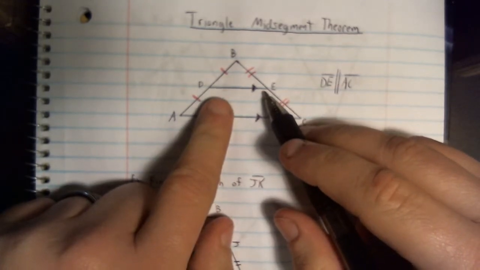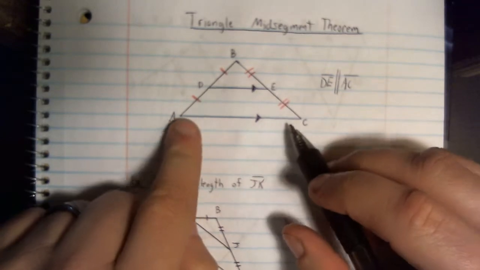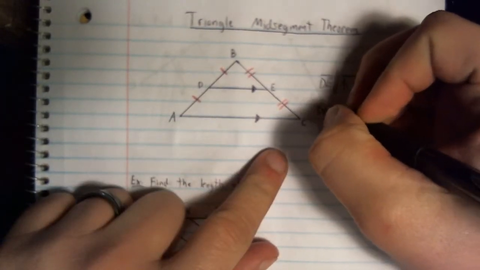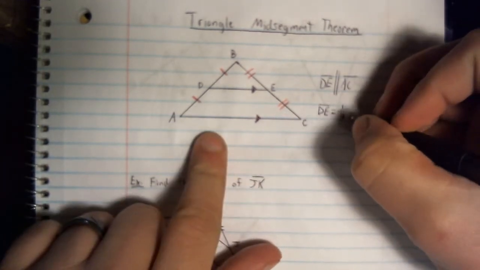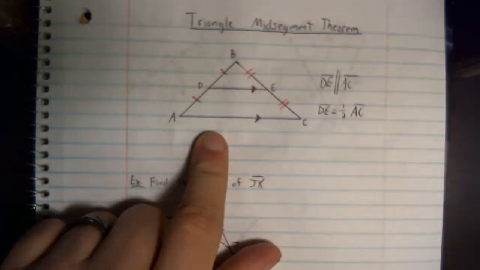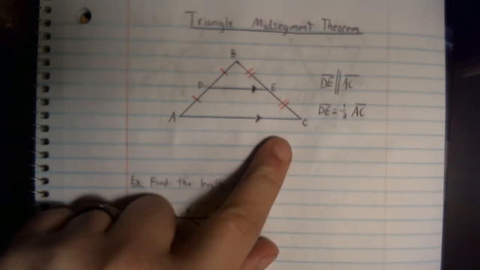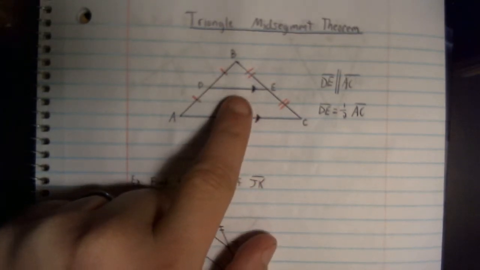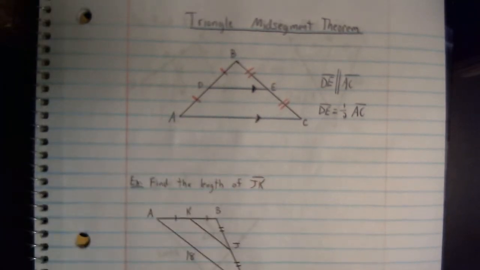The length of DE is going to be half of that side that it's parallel to. So DE is 1/2 the length of AC. So if we're given the length of AC, we get DE by dividing by 2. If they give us DE, we're going to just multiply by 2 to get the longer piece. Okay, pretty easy theorem to work with.